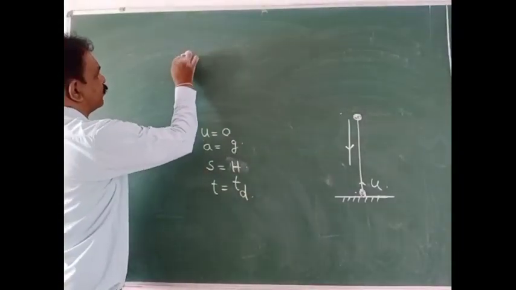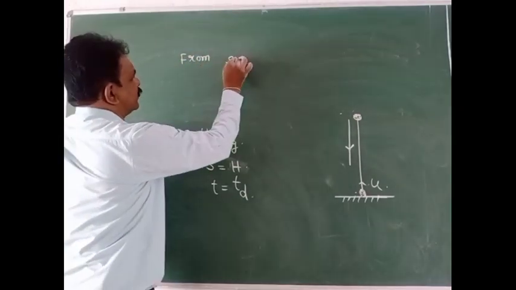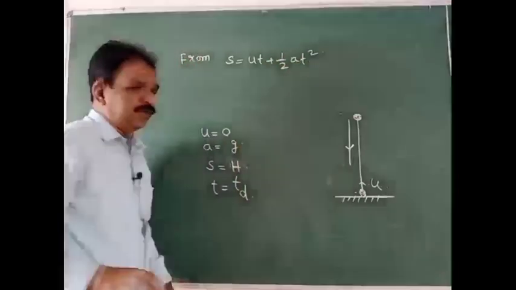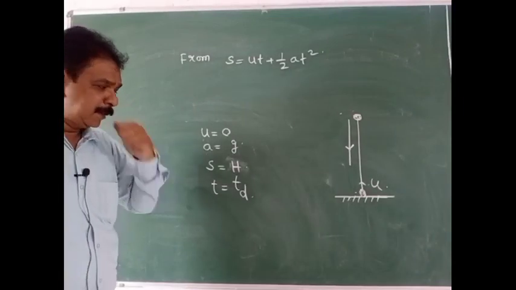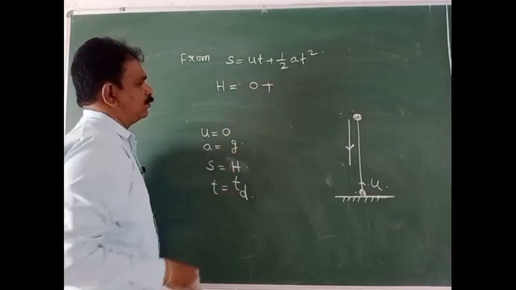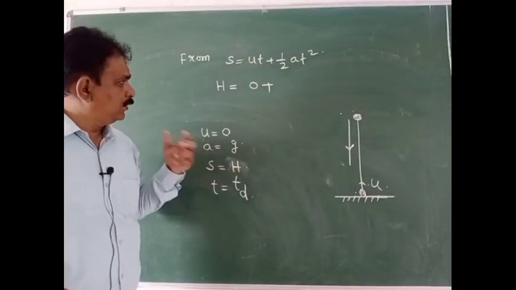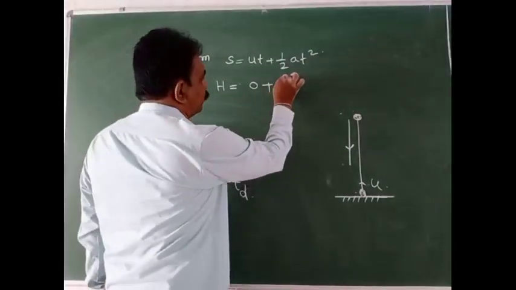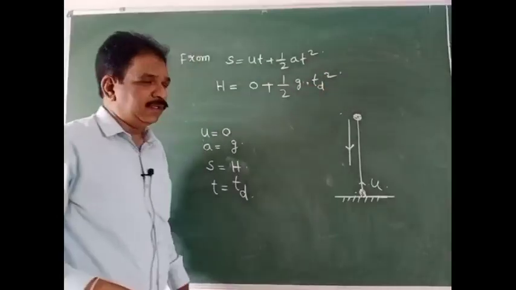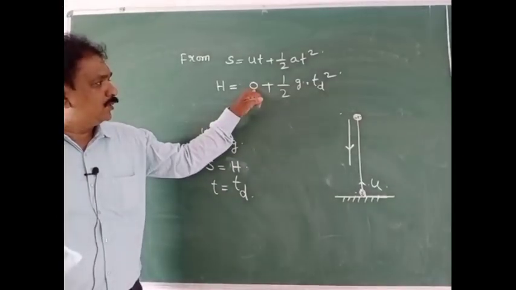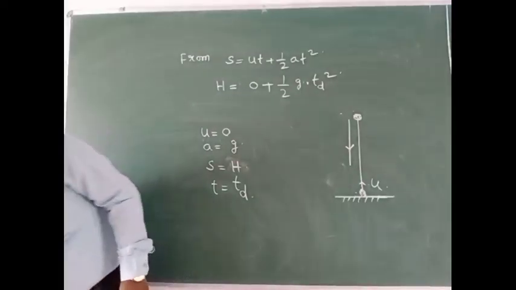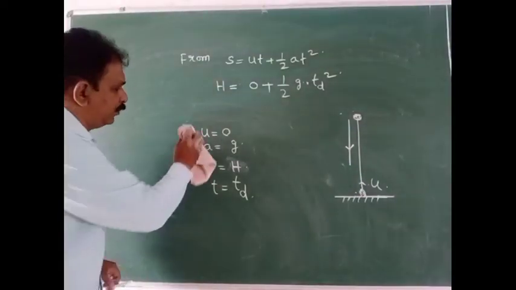From s is equal to ut plus half at square, substitute all these values. S is equal to H, u is 0, so u into t will be 0. One by 2, a is g, t is TD. So h is equal to 0 plus 1 by 2 g TD square. Already h formula we derived.